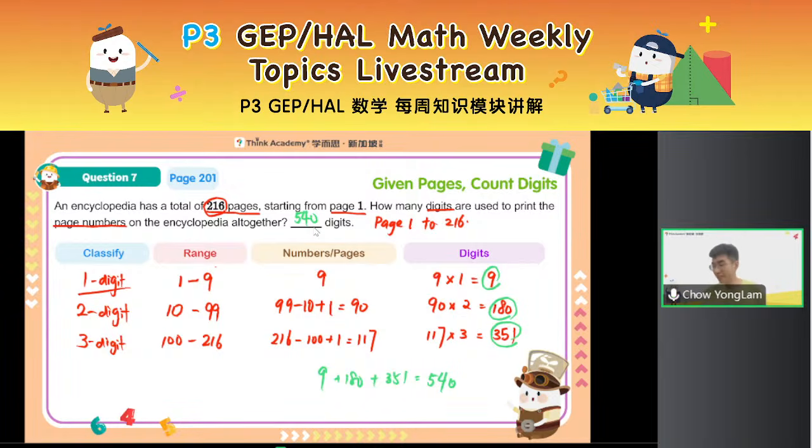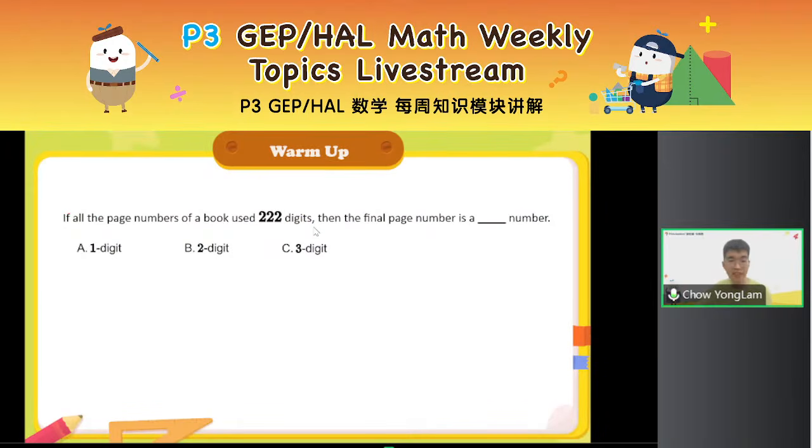All right, now we are done with the first type of question, where given the pages, we need to count the digits. But sometimes the question will ask you to work backwards. Let's take a look at this question.